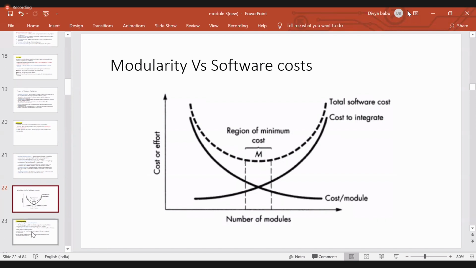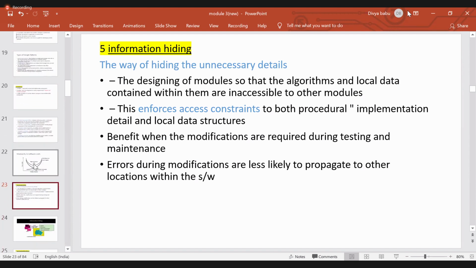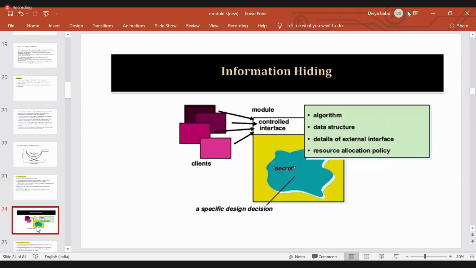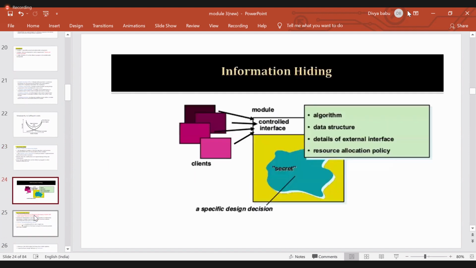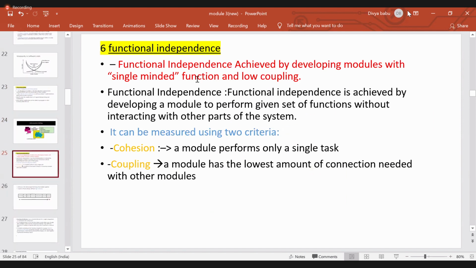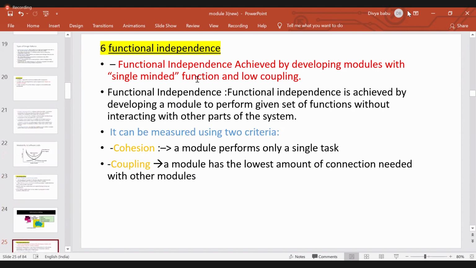The next point is information hiding. Information hiding is also the same as what I did before, but different levels of information hiding are there, which I will discuss in the next class, along with functional independence and cohesion. Information hiding explains the way of hiding unnecessary detail.